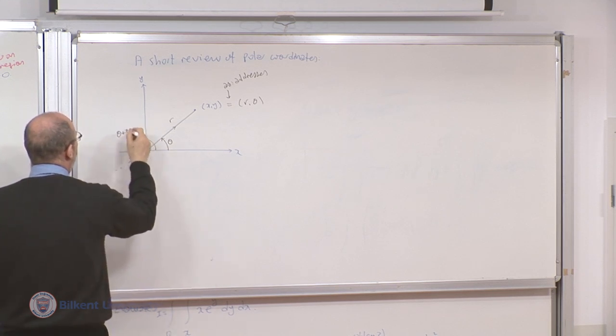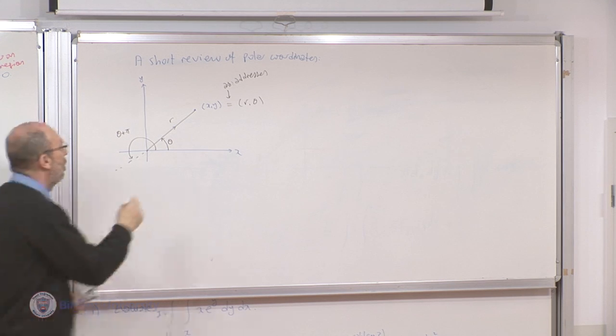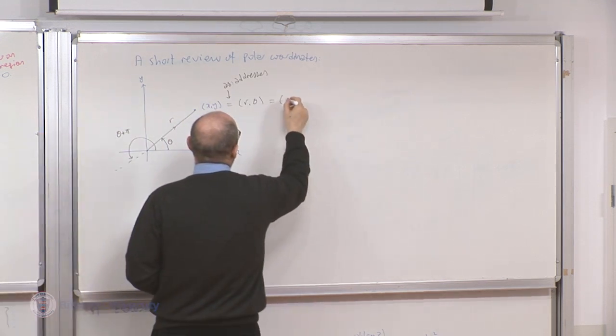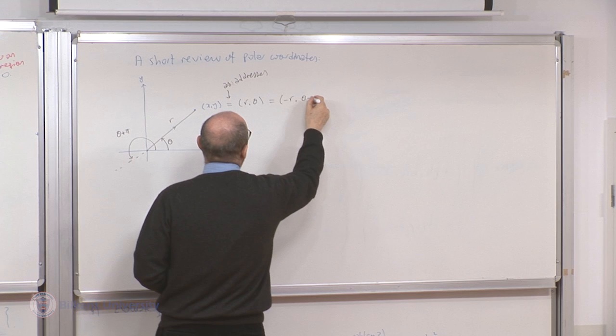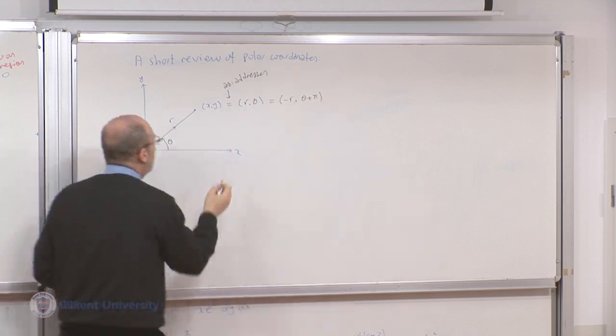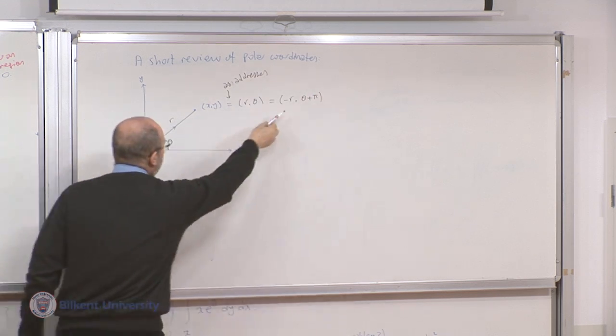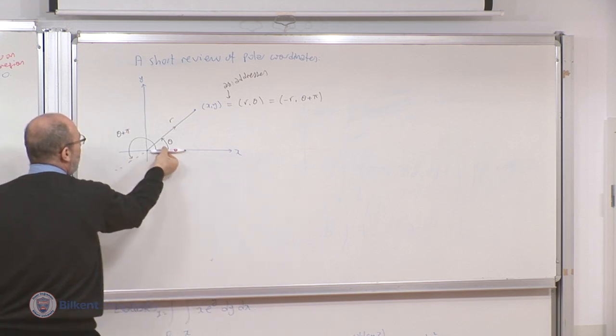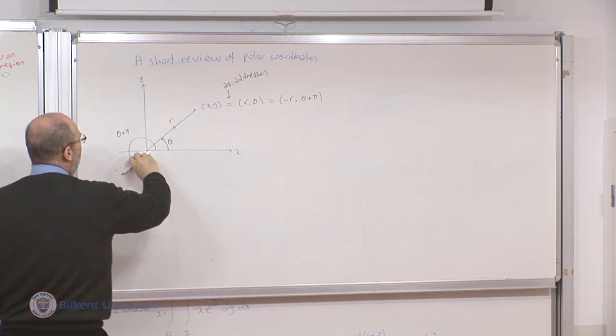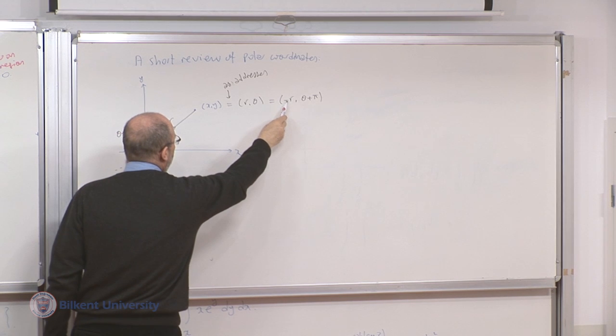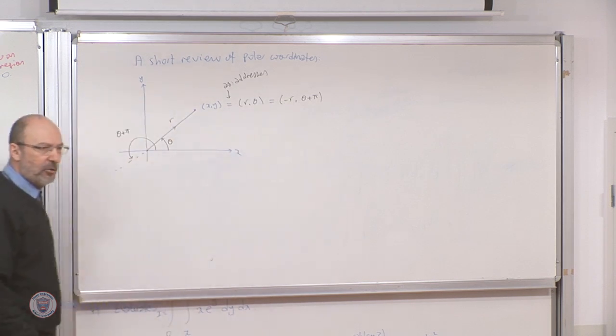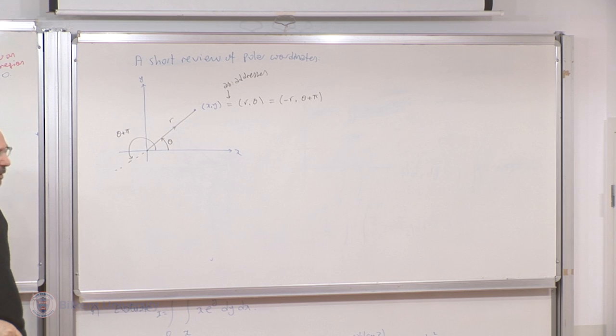What is this angle? Theta plus pi. Okay? So the same address is minus r, theta plus pi. Okay, so how do I read this address? This says start from the x-axis, go theta plus pi, and then turn back and go a distance of r, assuming that r is positive.